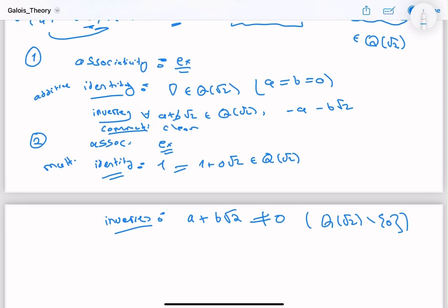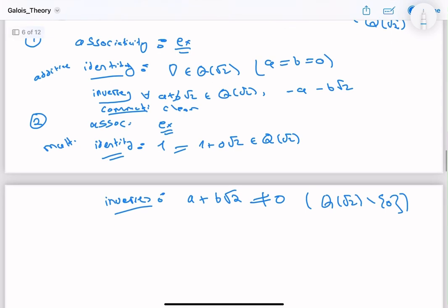So how would you take the inverse of this? Since this is not 0, you know that this is a real number that's not 0. So you know that the inverse is this thing. But the question is, why is this element in q square root of 2?